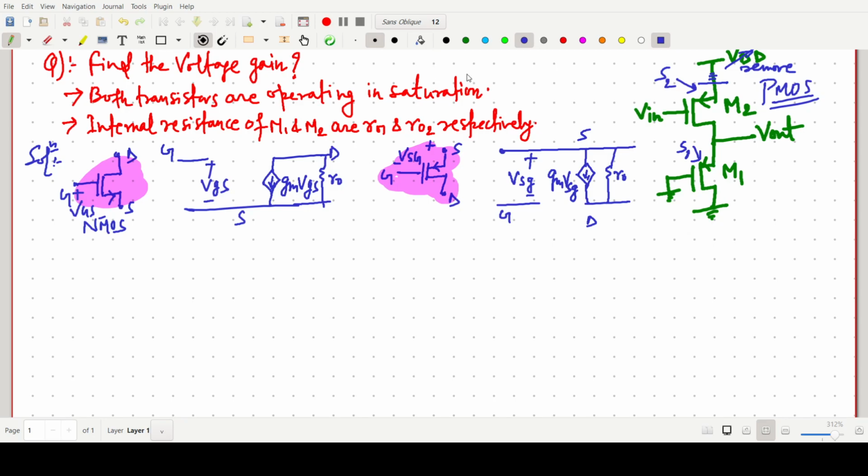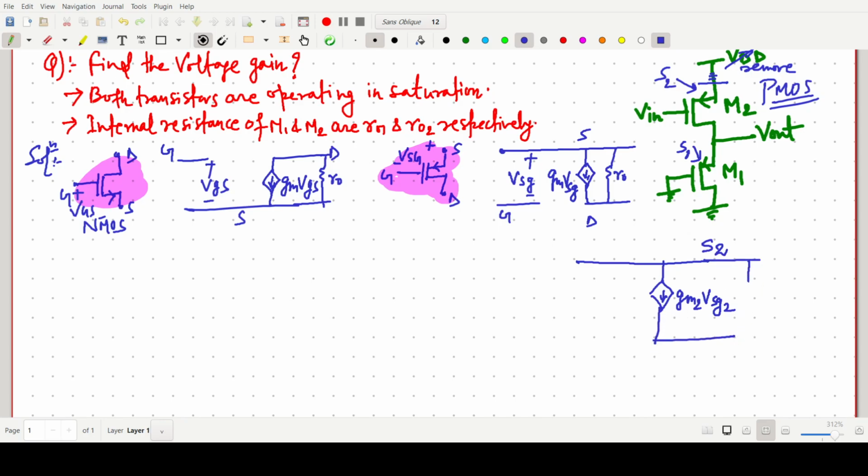Then after that, this one is our S2. Then there is a current in that direction, and it is simply gm2 VSG2.